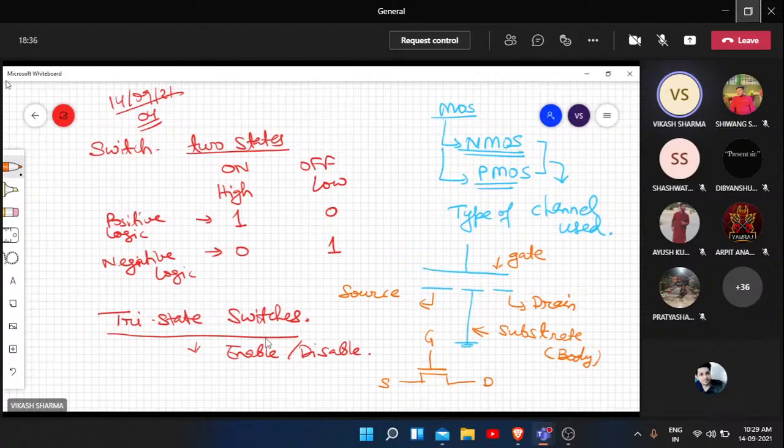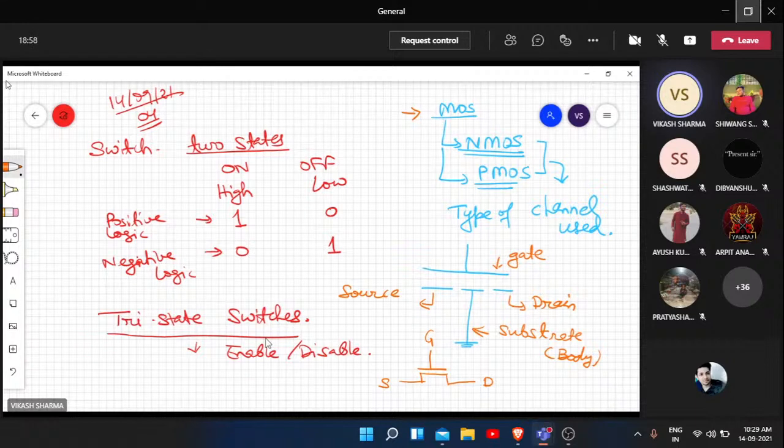When we are talking about these transistors as a switch, we prefer MOS. We prefer MOS because of the high speed of operation.